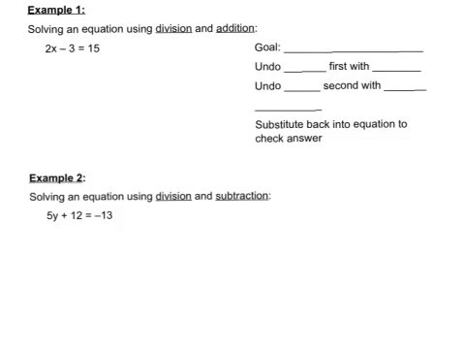So to begin, our first example is solve an equation using division and addition. And so they tell us what operations we're going to use, because I see multiplication right here, and then I see subtraction. Remember, we're always isolating the variable.